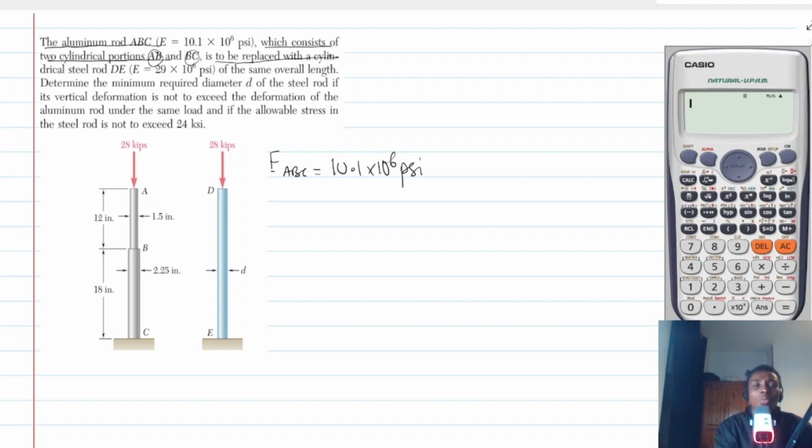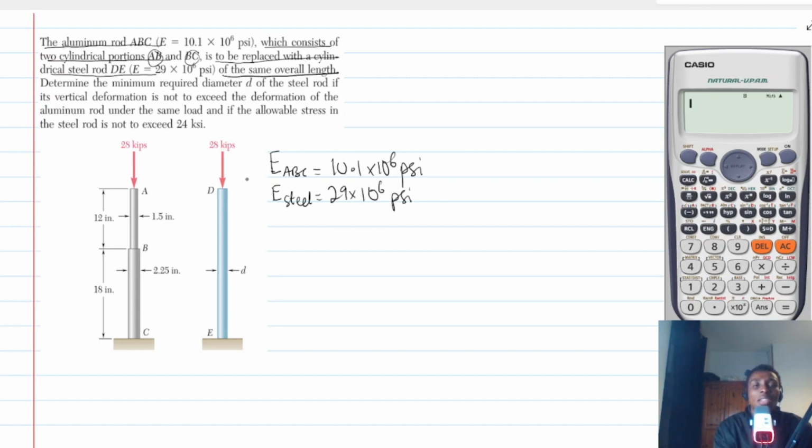Now this is to be replaced with a cylindrical steel rod. So steel. And then the Young's modulus is 29 times 10 to the power 6 psi of the same overall length.